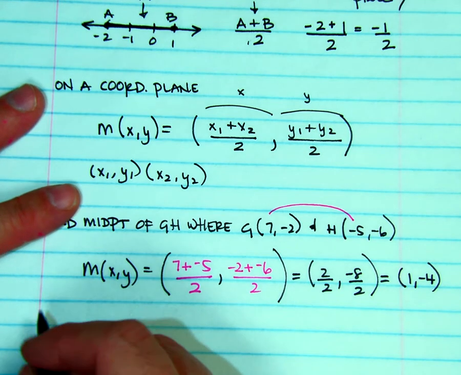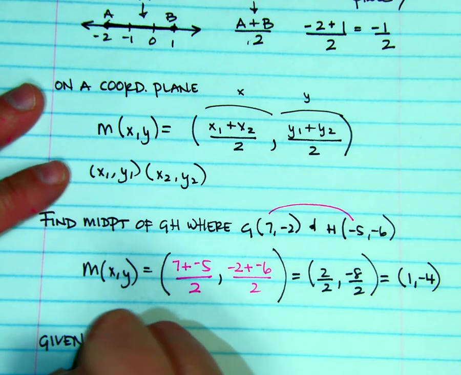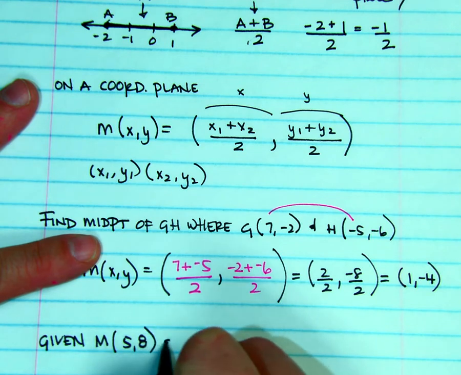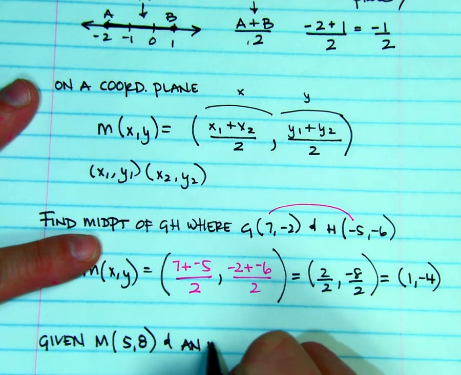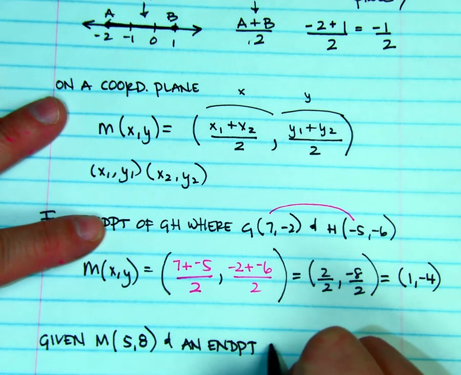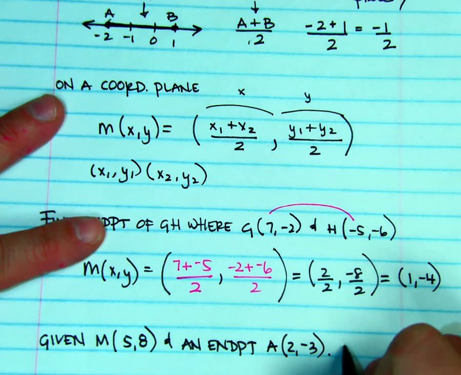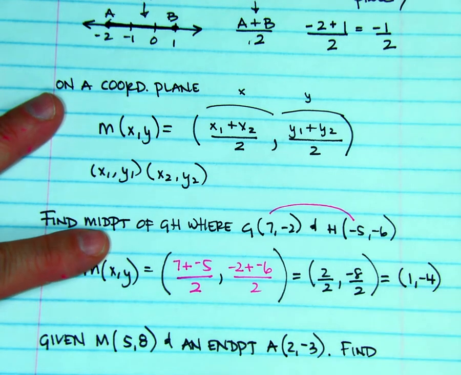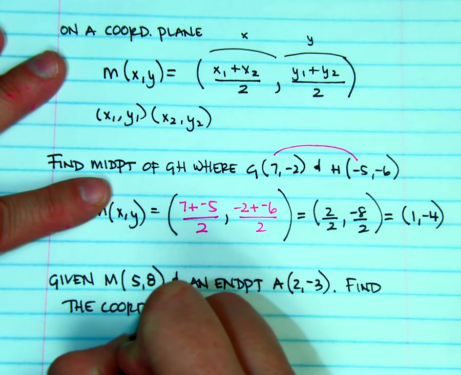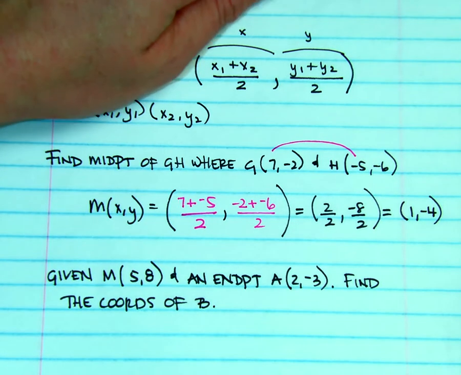If we are going backwards, so if I give you the midpoint M of 5 and 8 and an endpoint A at 2 and -3, find the coordinates of B. Okay, so the formula is not going to change.